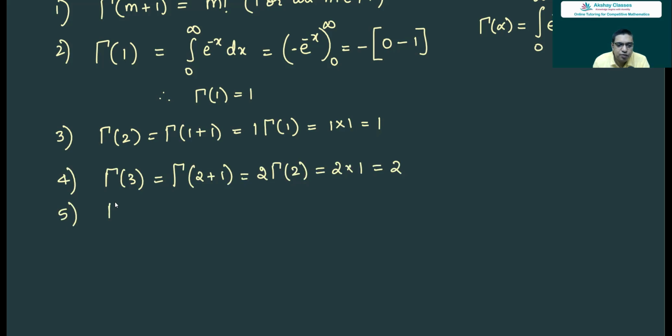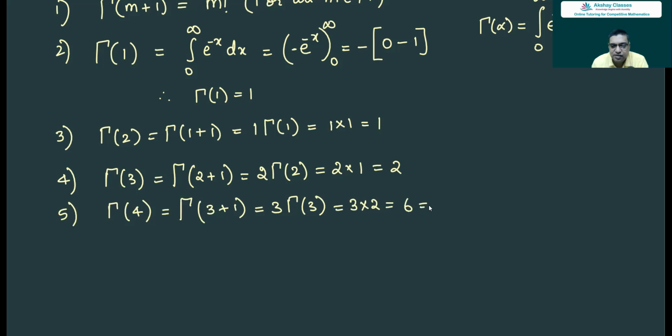What will be gamma of 4? So gamma of 3 plus 1, which is 3 times gamma of 3, which is 3 into 2, which is 6, which is 3 factorial. Because 3 into 2 is 3 factorial.